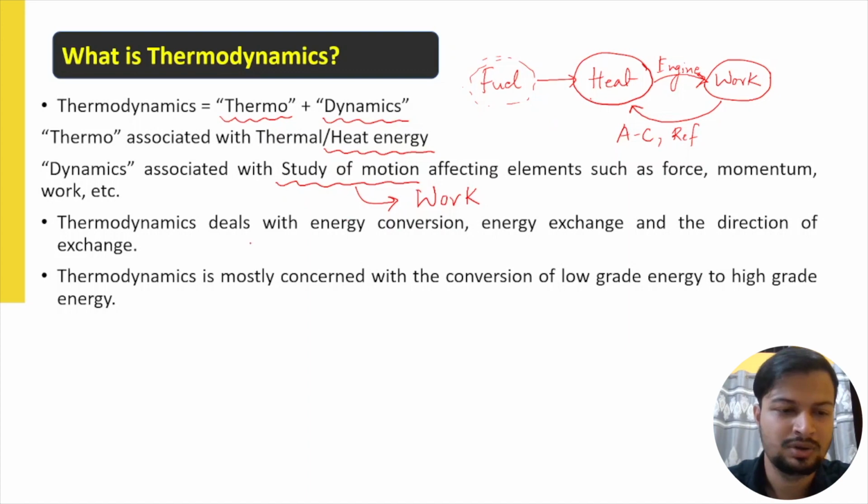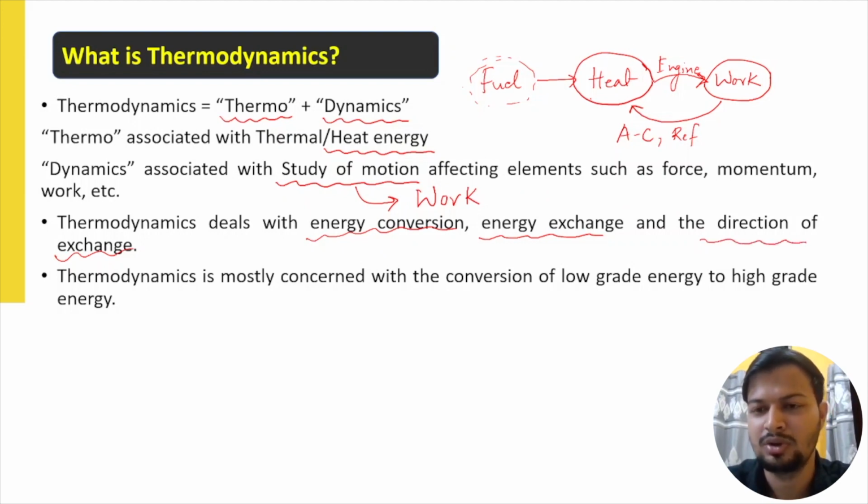Okay, so thermodynamics basically deals with energy conversion, that is conversion of heat into work. Okay, heat is also energy, work is also a type of energy, energy exchange and the direction of energy. Okay, the direction of energy, that is we are focused more on the conversion of heat into work, and in some cases we are focused on conversion of work into heat, so the direction is also important.